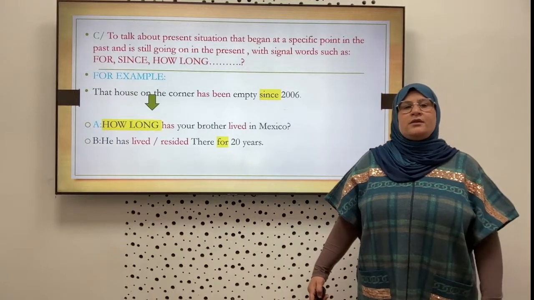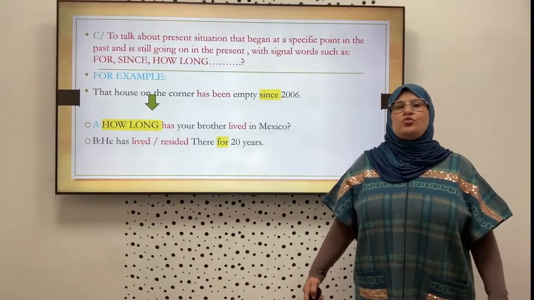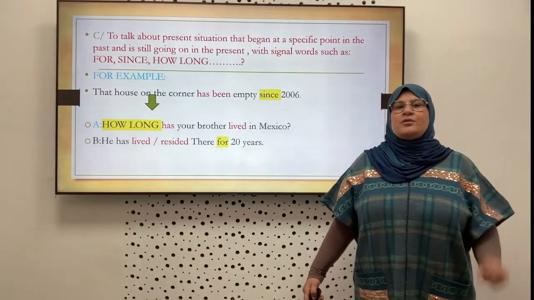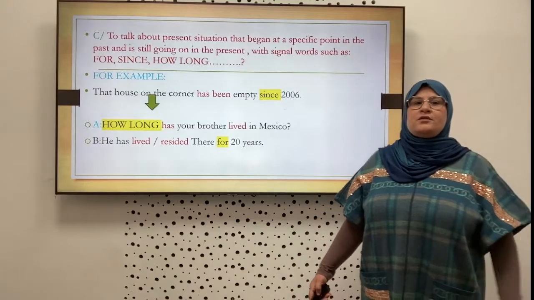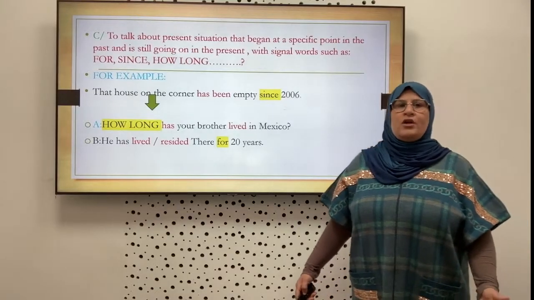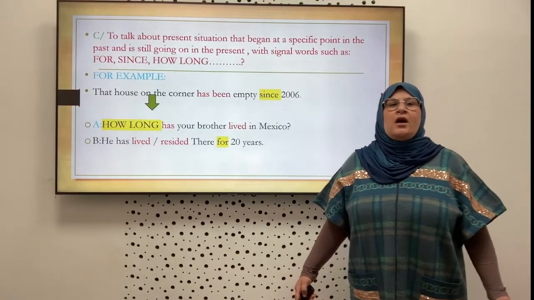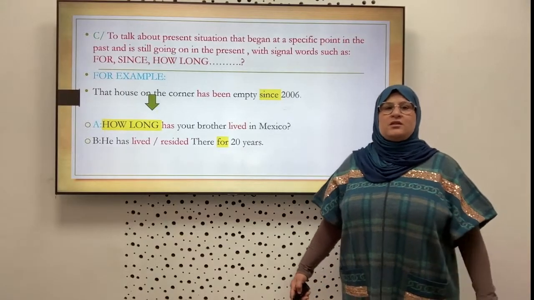Also, there is another use of the present perfect simple: when we talk about a present situation that began at a specific point in the past and is still going on in the present, with signal words such as for, since and how long. For example, the house on the corner has been empty since 2006.